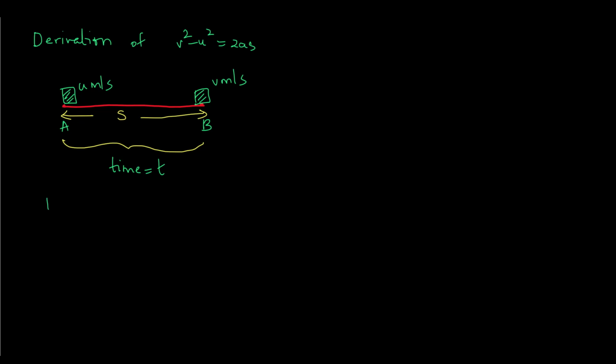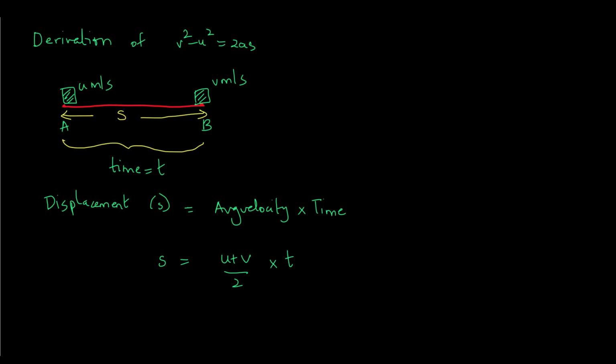As we know, displacement s is equal to average velocity into time. So s = (u + v) by 2 into t.